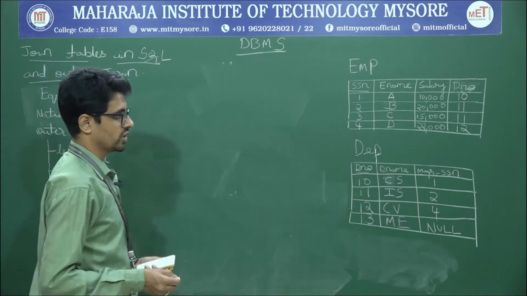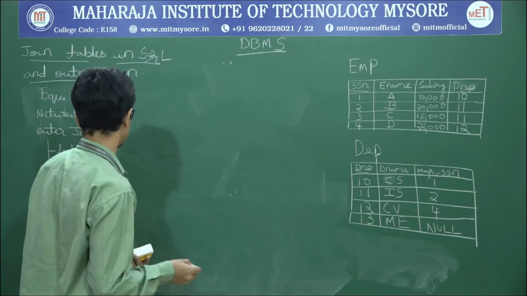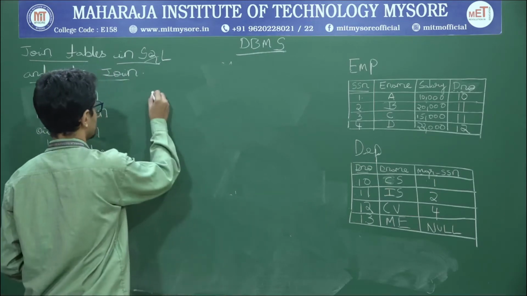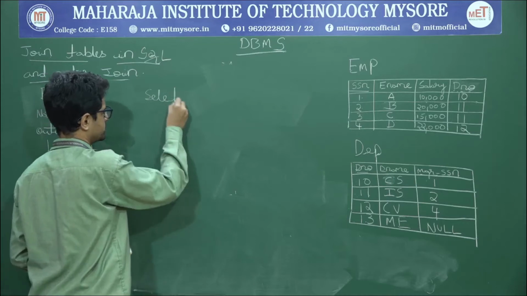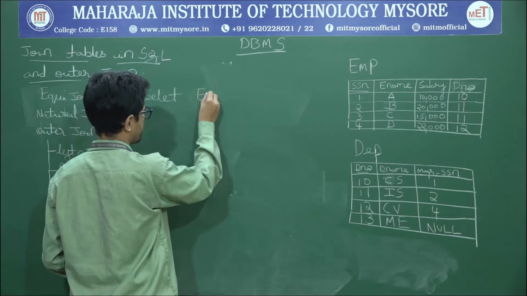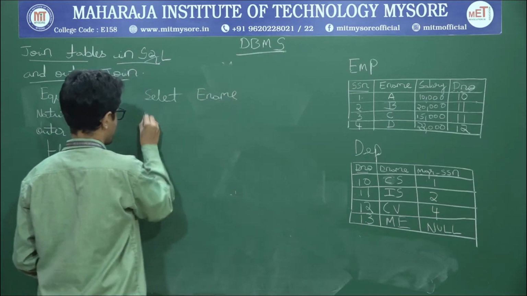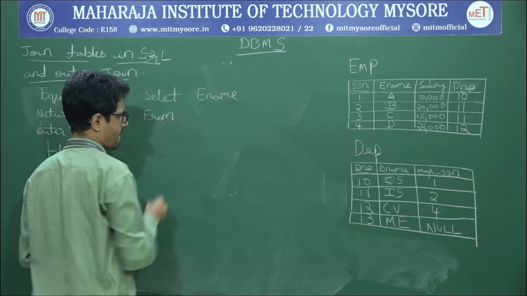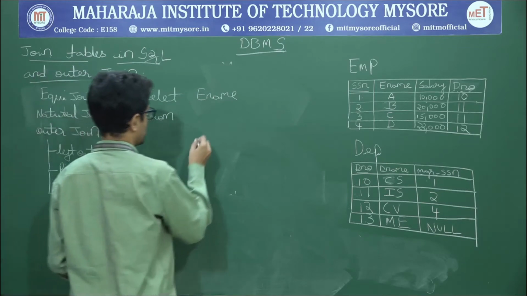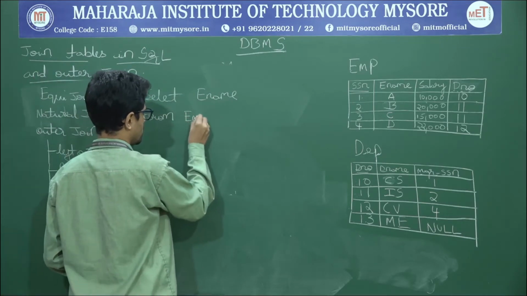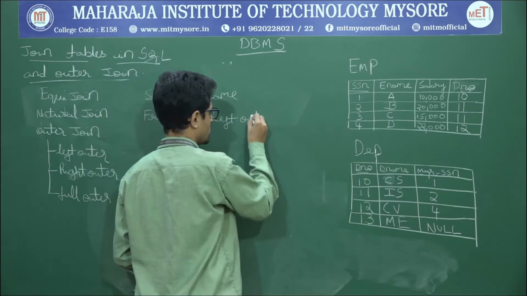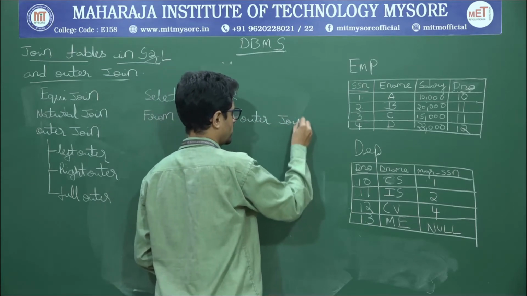So what is this left outer join? How do you write a query for it in SQL? Say for example, I need to do a left outer join on employee and department, on some condition. Say select, from EMP left outer join.